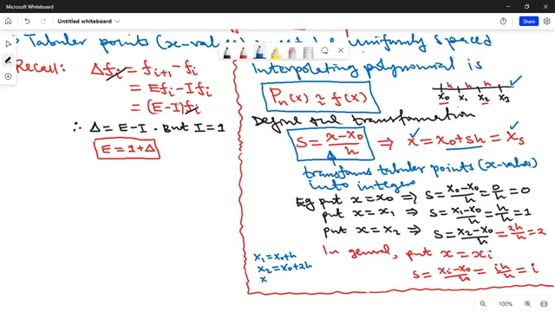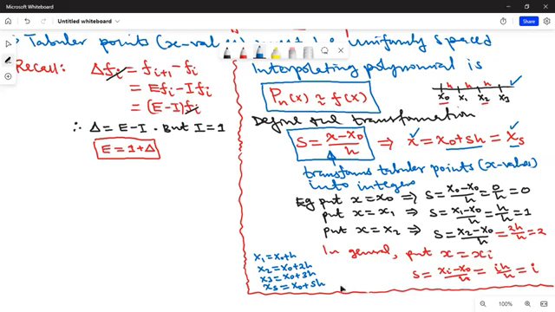X3 is the same as x naught plus 3h. So what about x subscript s? That will be the same as x naught plus sh, and that's why I'm writing it as x subscript s.